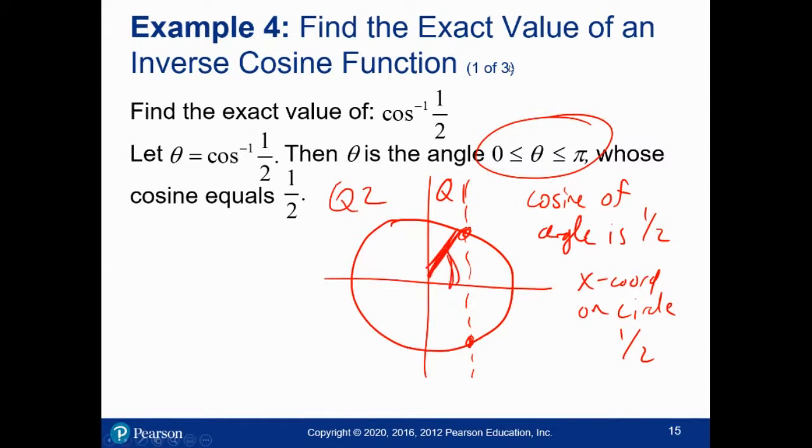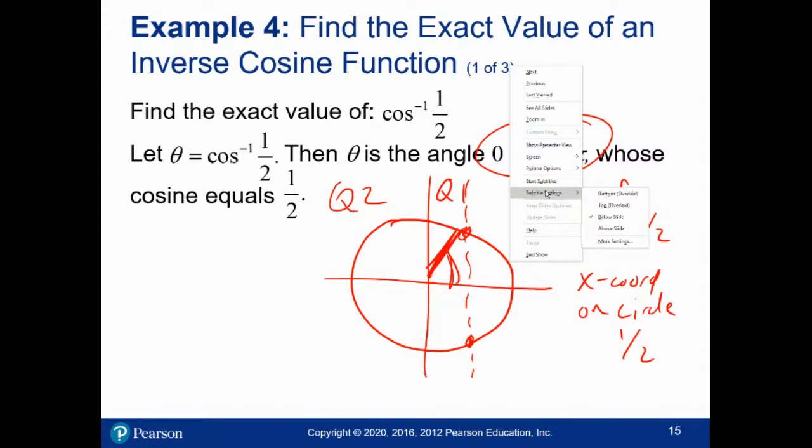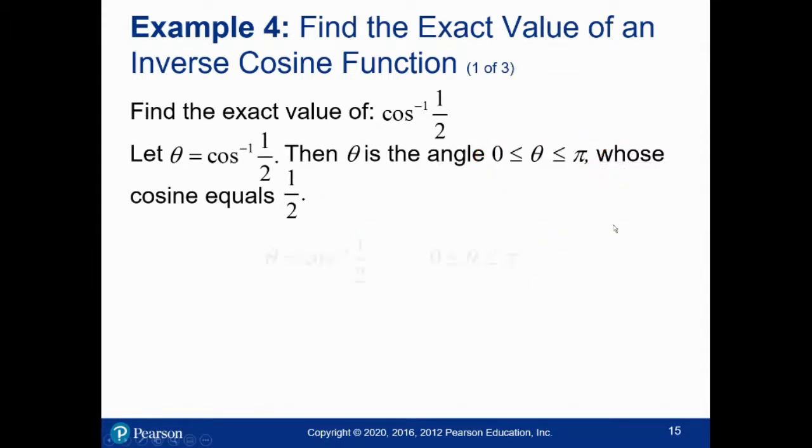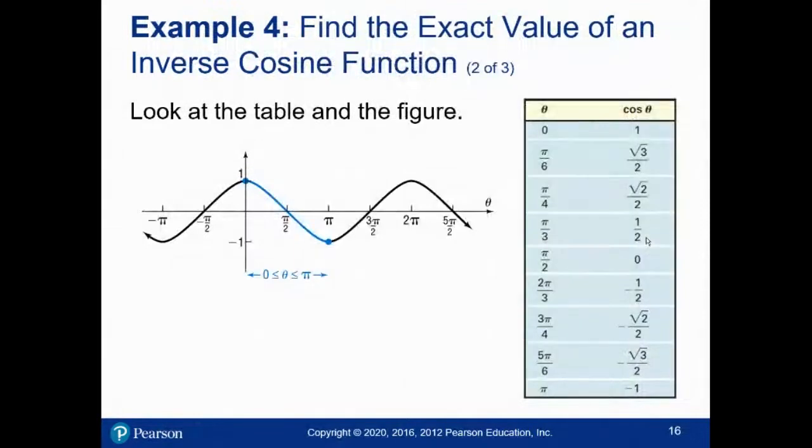You can find that angle by checking a chart of known values, or maybe you just remember it. So what's an angle whose cosine is 1/2, in between 0 and pi? The angle has to be in quadrant 1 or 2. Well, we only have one such value in between 0 and pi, and it's at pi/3.